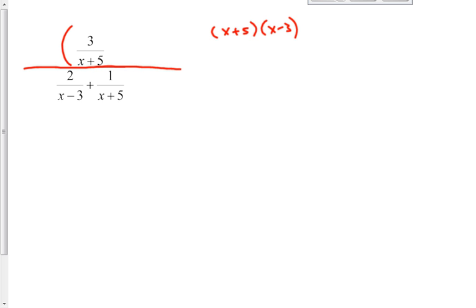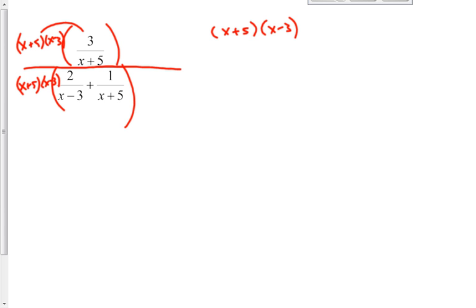Once on the top, I'm going to multiply by my denominator of x plus 5, x minus 3. And then once in the bottom, same thing, x plus 5, x minus 3. Now remember, when we do our distribution, something will cancel, so we will rid ourselves of the little baby fractions.